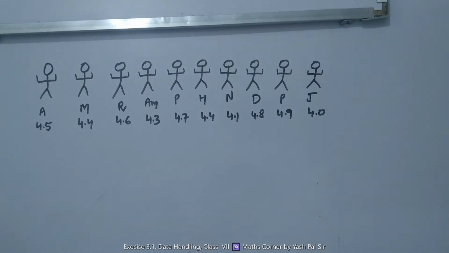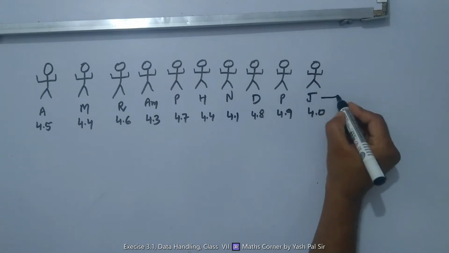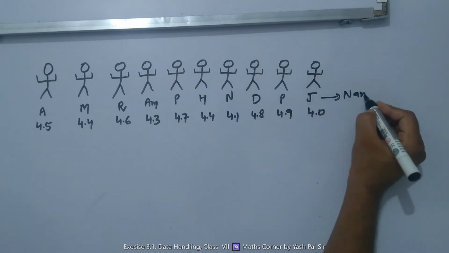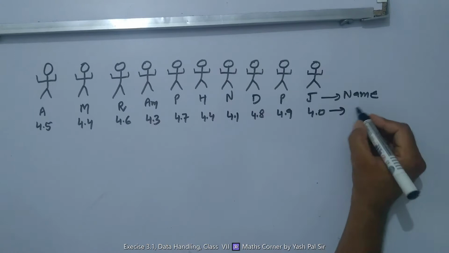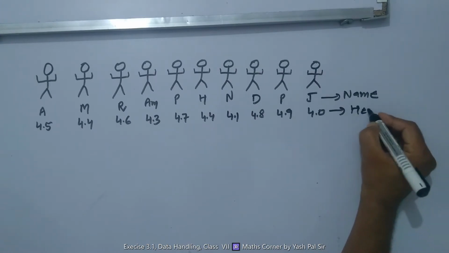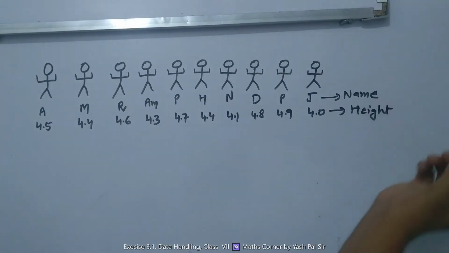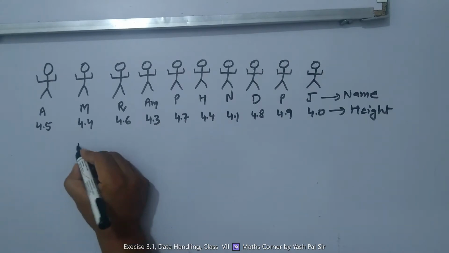So first of all, what is the question? Our question is to find the range of the height. So this is the name of the student and this is the height of the student. Okay, so what is range?